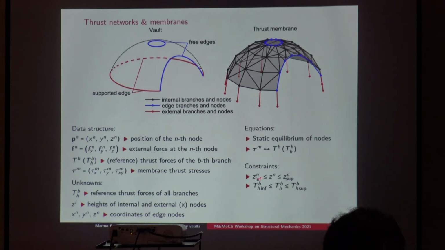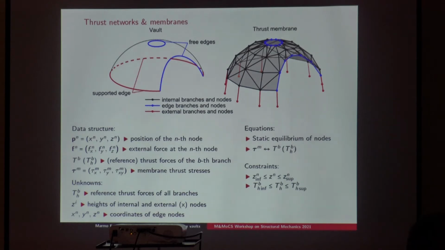And also we have some constraints, and these constraints say that the truss membrane has to lie inside the thickness of the vault, and the force transmitted by branches has to be compressive, because we have a unilateral material model.